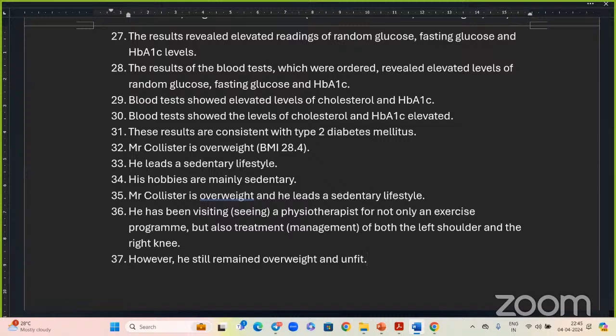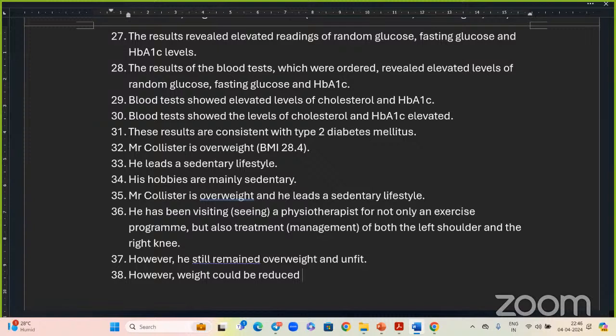So how are you going to join these two sentences? That's important. Otherwise we can also say like this: however, weight could not be reduced.